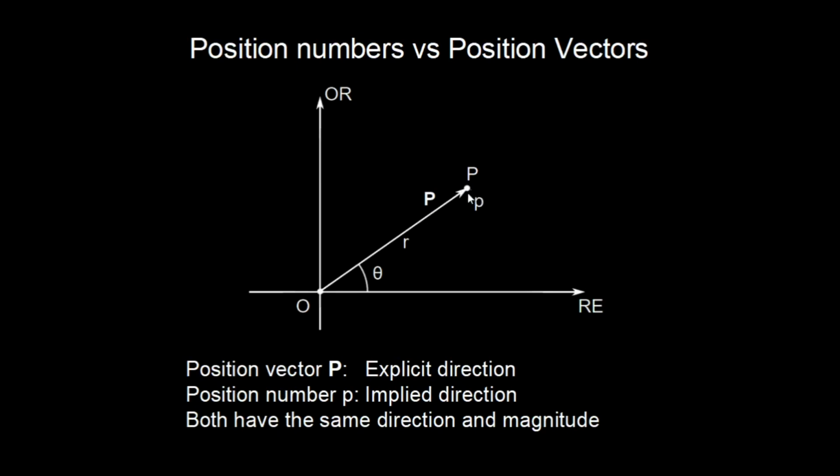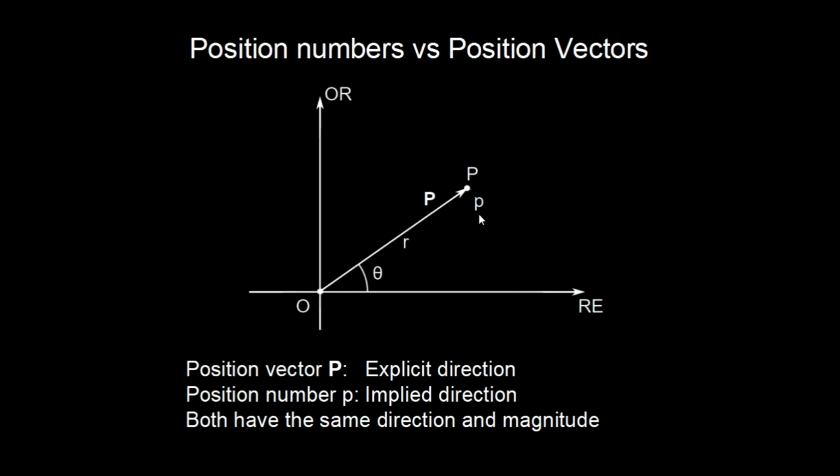In comparison, position vector bold P has an explicit direction with an arrow pointing to the direction of the vector. Position number, lowercase p, represents the same point, P, and also has the same direction. That is, from the origin point O to the point P. For the position number, the direction is implied without the explicit direction arrow.